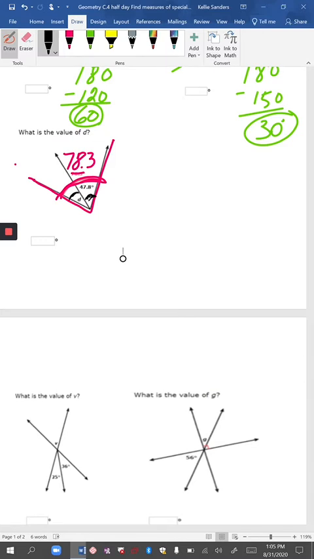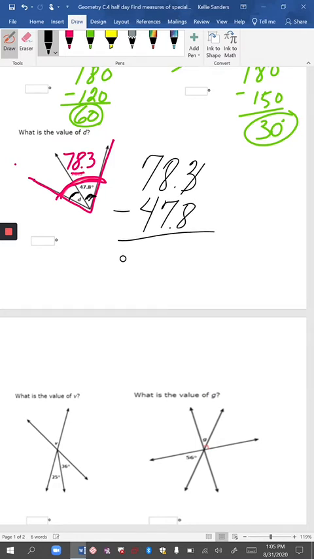So if we have two angles that make up 78.3, and we want to know how big one of those angles is, basically if you have the bigger one, you're going to subtract the smaller one. That would be 30.5.